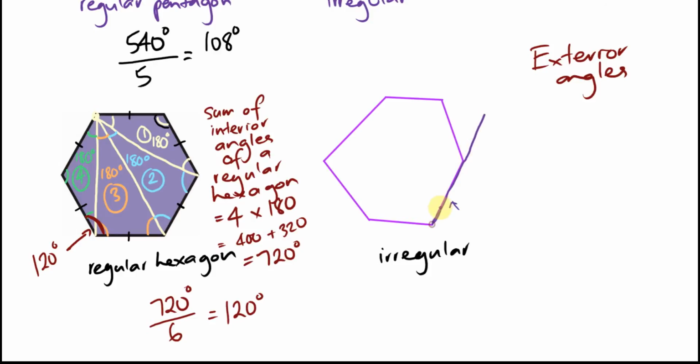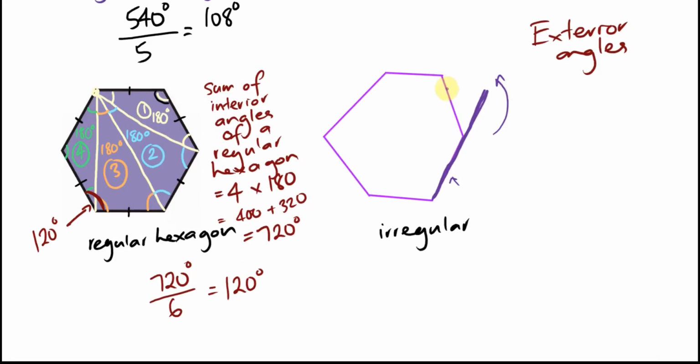It's a little bit wobbly line, but just imagine that's a straight line there, so you're extending that side out like that, and going anti-clockwise I'm going to extend all the sides. So extending all these sides like this, one, and you should have 6.